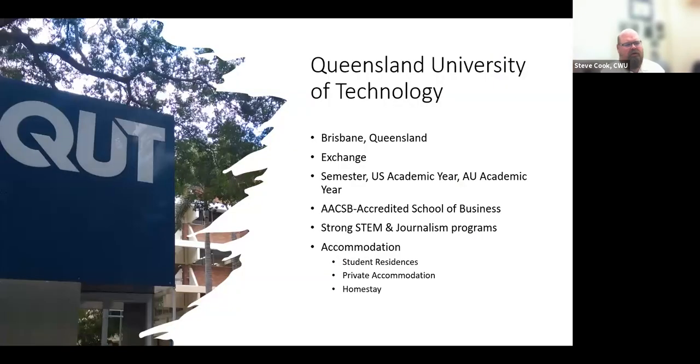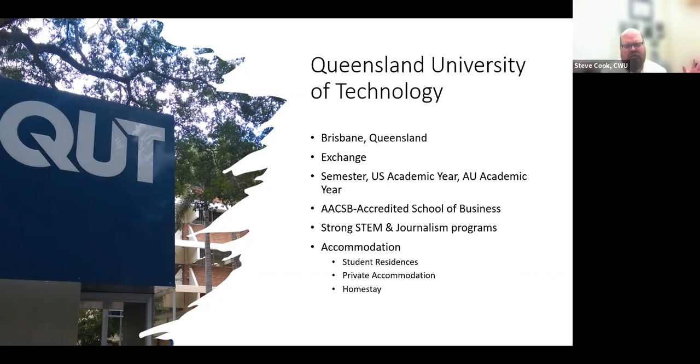Our exchange partner is Queensland University of Technology, which, as I said, is in Brisbane. Students can go for 1 semester, a US academic year, or an Australian academic year. The US academic year and the Australian academic year are not the same. Australia follows what's known as the Southern Hemisphere calendar, so their academic year generally follows the calendar year.